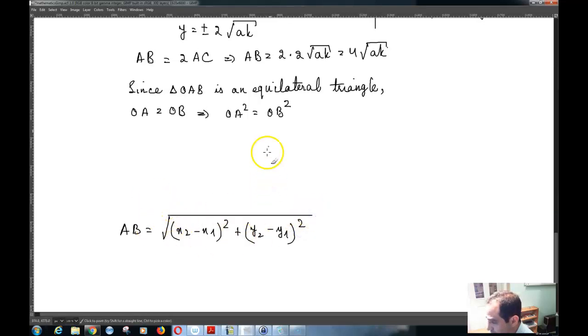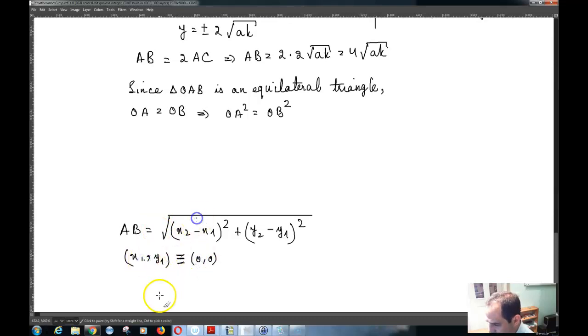Of course I talked about this a few minutes ago, but I think I didn't say it properly. Now if one of the points is the origin, you can say that, for example, x1, y1 is 0, 0.